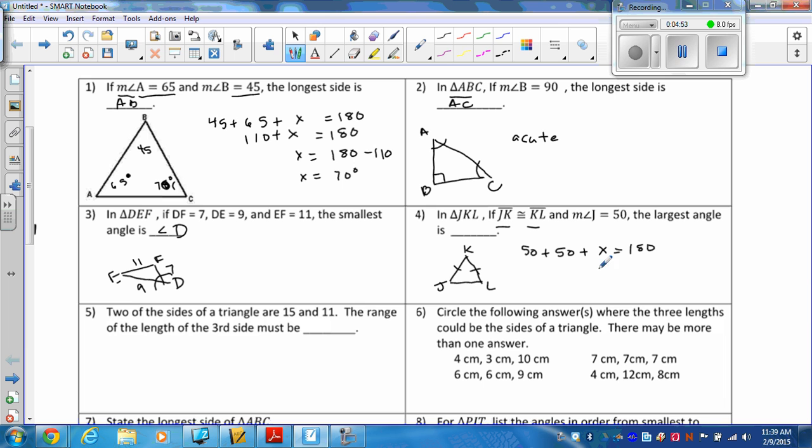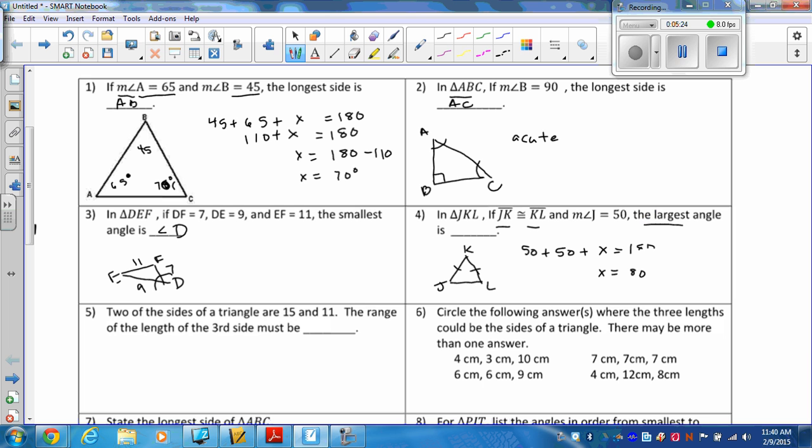And so x must be 100 degrees, I'm sorry, 80 degrees, because 50 and 50 is 100, and 180 minus 100 is 80. So this measure must be 80, and so the largest angle is going to be angle K.